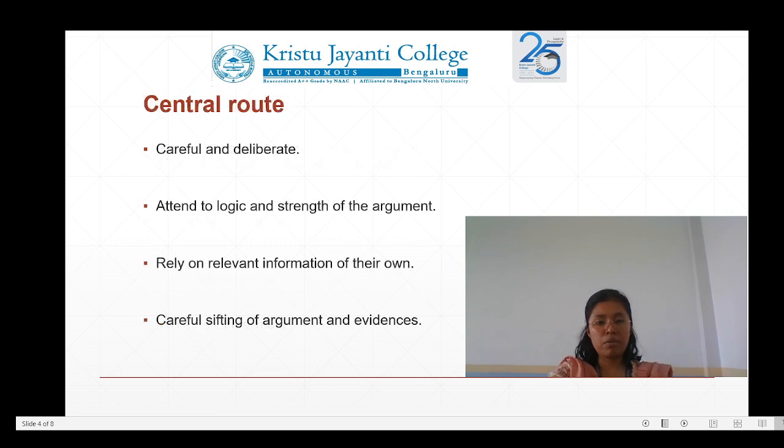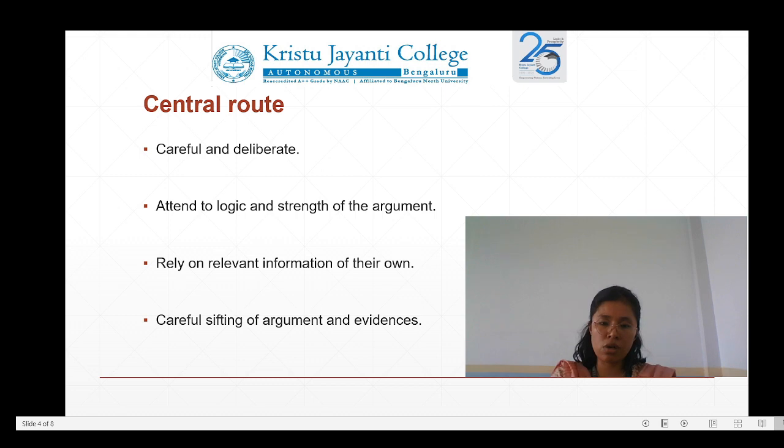So according to the elaboration likelihood model, the central route is an approach to persuasion when a person is inclined to be thinking carefully and deliberately and is aware and attentive of the persuasive message that is being shared.